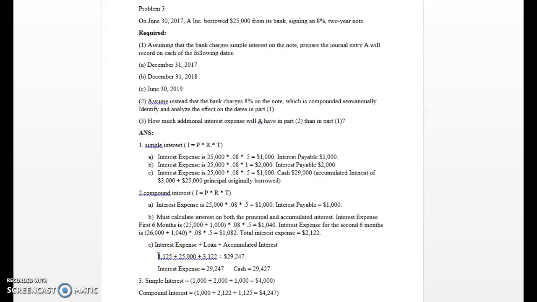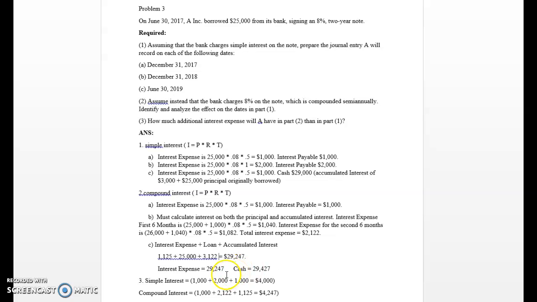You're going to get a new interest expense of $1,125 plus our original loan that we took from the bank, which is $25,000, plus the accumulated interest for the entire 2 years that we've had the loan, and that's going to be $3,122, and if you add all that up, you get $29,247.